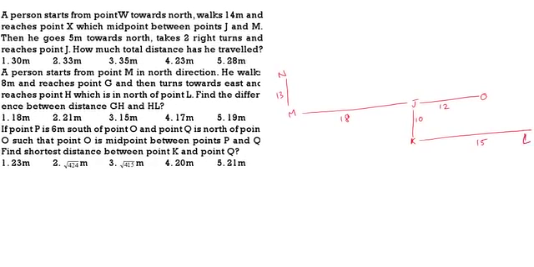Now see the first question. A person starts from W, walks north 14 meters and reaches X. X is the midpoint of J and M. So suppose we take this one as X.